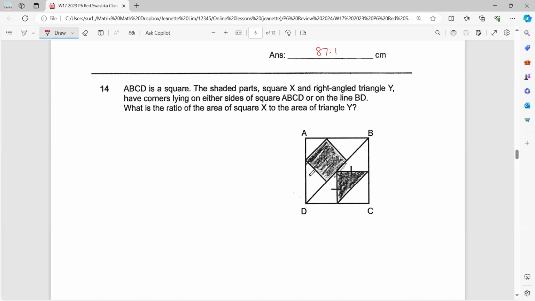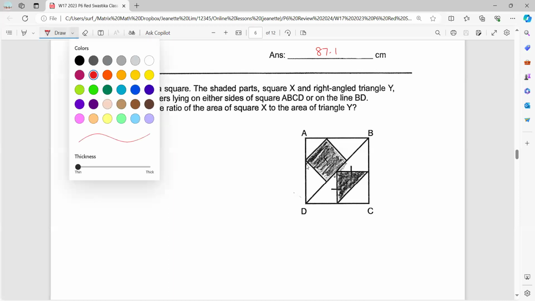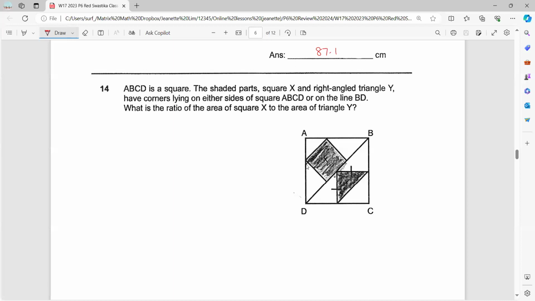Now, let's look at X first. What I can do is I can cut this. Okay, cut it this way. Okay, so you can actually cut it into smaller squares. So with that, let's look at triangle ABD first, okay?